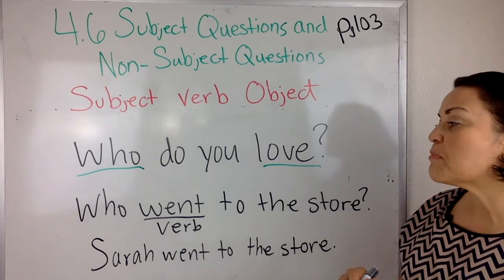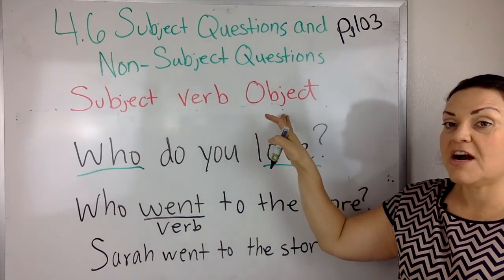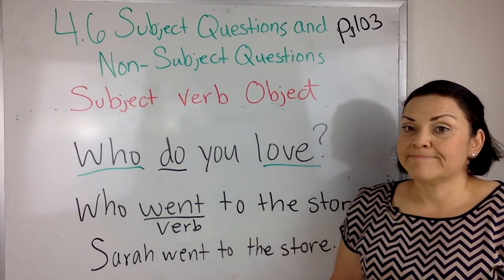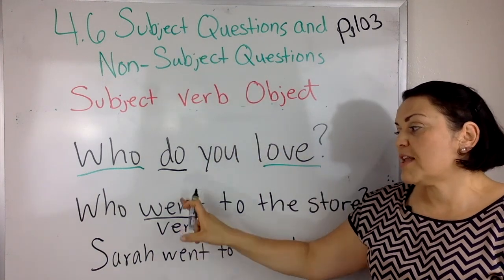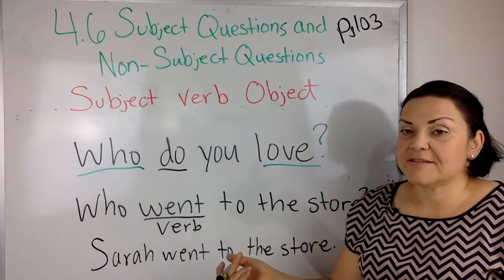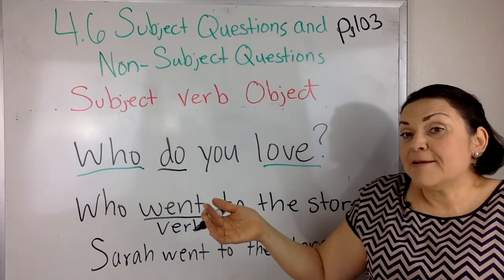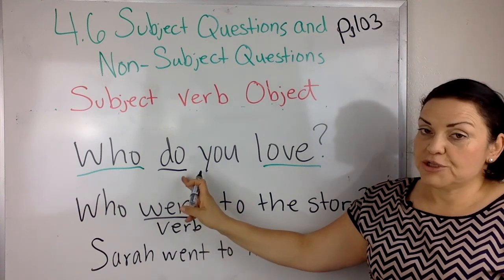Okay, it will take practice, but remember, when we're talking about the non-subject, the object, it will always use the word do. When we're talking about the subject, it will probably just have the verb, who went, or what name follows. They will not use the word do.